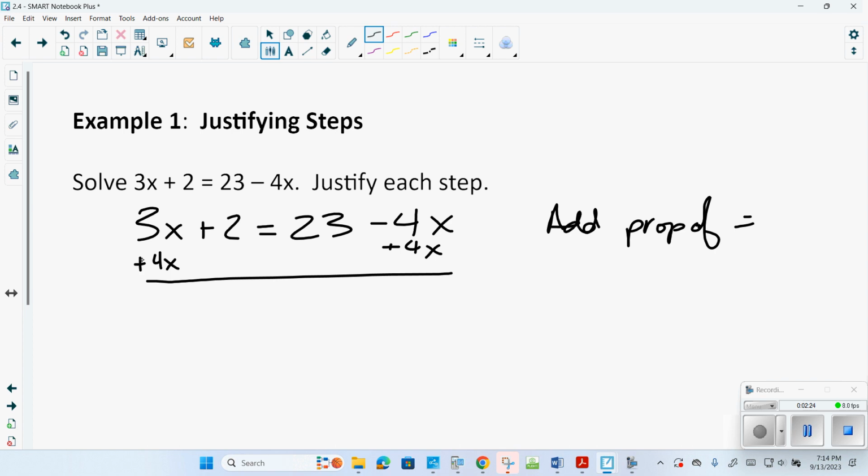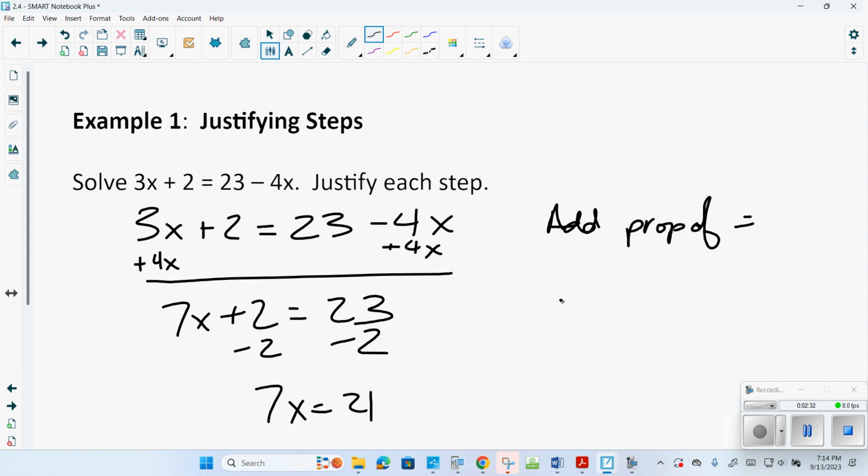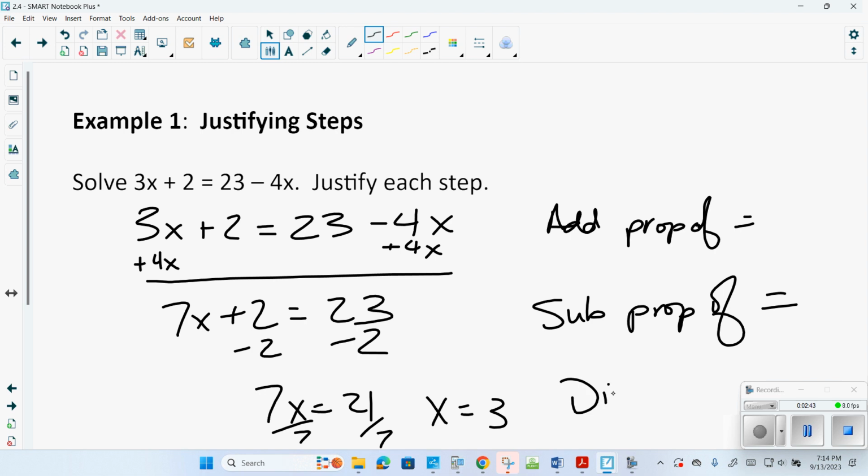So I added to both sides. So 7x plus 2 now equals 23. I'm going to subtract 2 to both sides of the equation. Again, that would be now the subtraction property of equality. And then the last one, I'm going to divide by 7, which would then be the division property of equality.